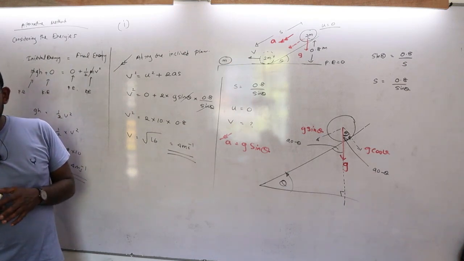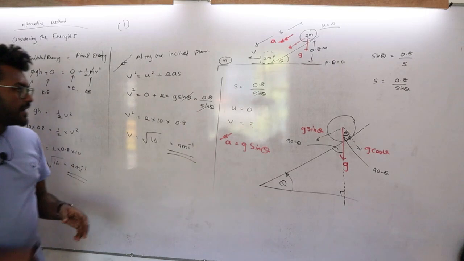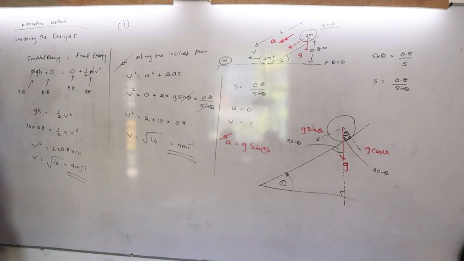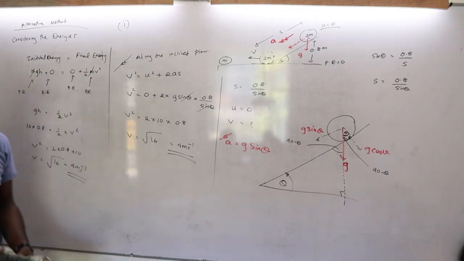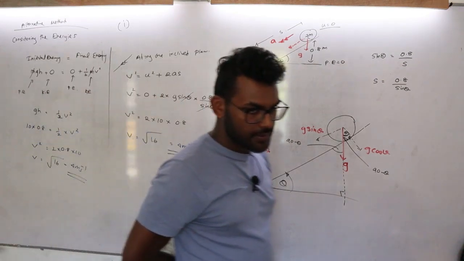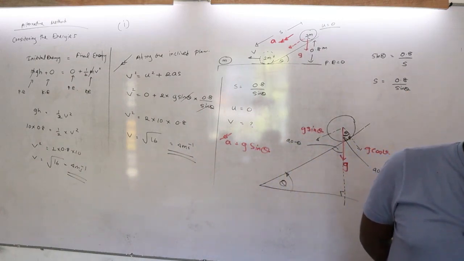So how do you find it? The sine theta got cancelled off in this scenario. How did you do it?